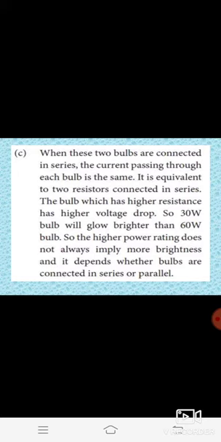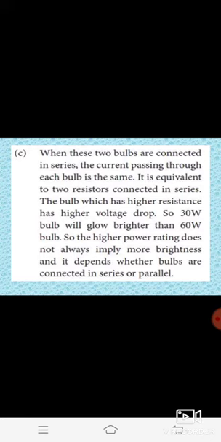When connected in series, the bulb which has the higher resistance has the higher voltage drop. From the previous answer, we know that the 30 watt bulb has greater resistance than the 60 watt bulb.